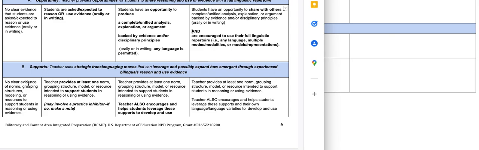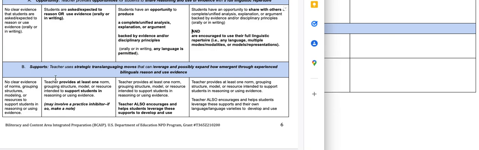Moving down to supports. At a 0, we're seeing no clear evidence of norms, grouping structures, modeling, or resources to support students in reasoning or using evidence. At a level 1, we see the teacher providing at least one norm, grouping structure, model, or resource intended to support students in reasoning and using evidence.